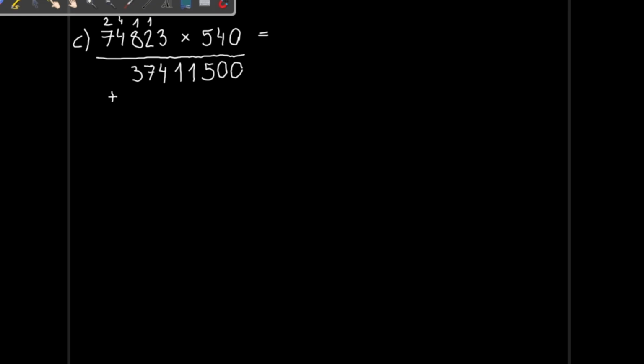Now we need to work with the 4. So we write 0 here. And we multiply these numbers by 4. So 4 times 3 is 12. Yeah, I will once again delete this.